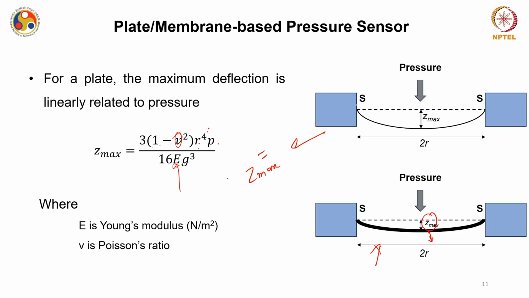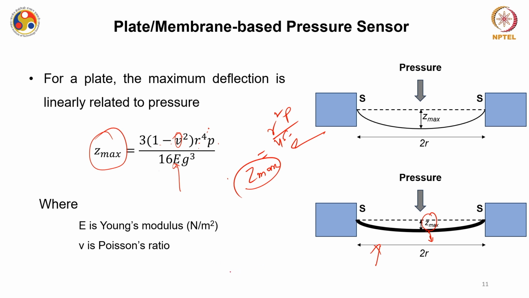For the thin diaphragm or membrane based device, Zmax was r square p by 4s, right. So, this Zmax and this Zmax, they all are dependent on the radius of the membrane as well as the plate, but their dependency is quite different from each other.